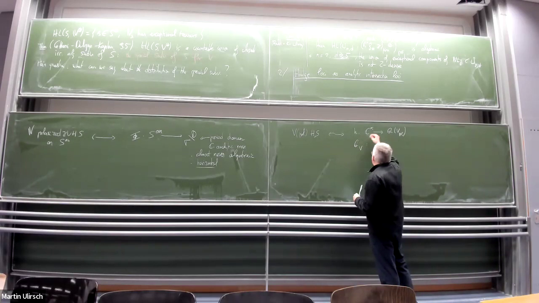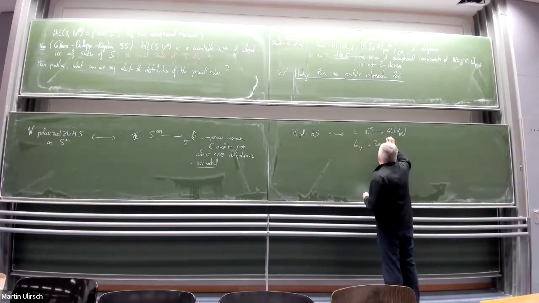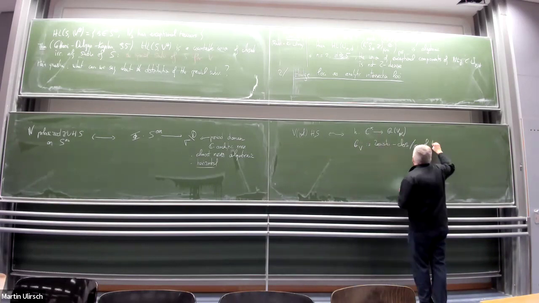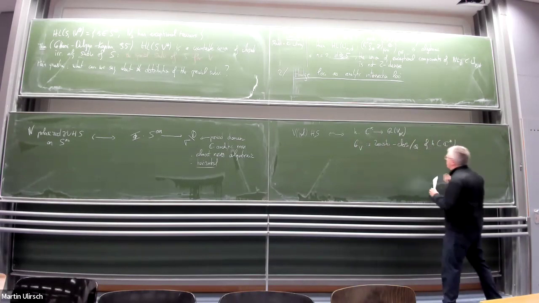So this is the Zariski closure of the image of C star.